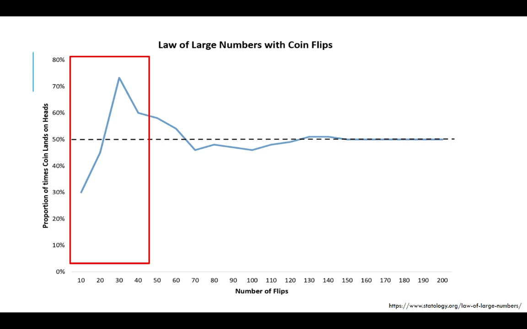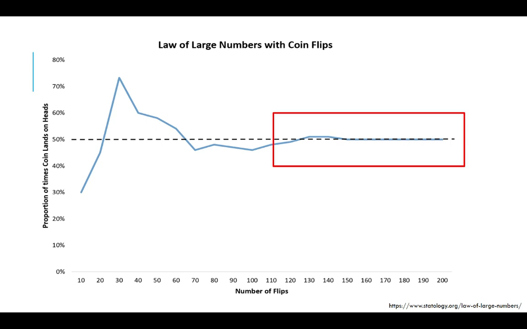landing on heads. But now, as we continue to flip more and more and more flips, so we're up to 130 flips, 140 flips, 150 flips, we're going to see this proportion come to about 50%. So it converges to 50% because we know, right, a fair coin should be 50-50.